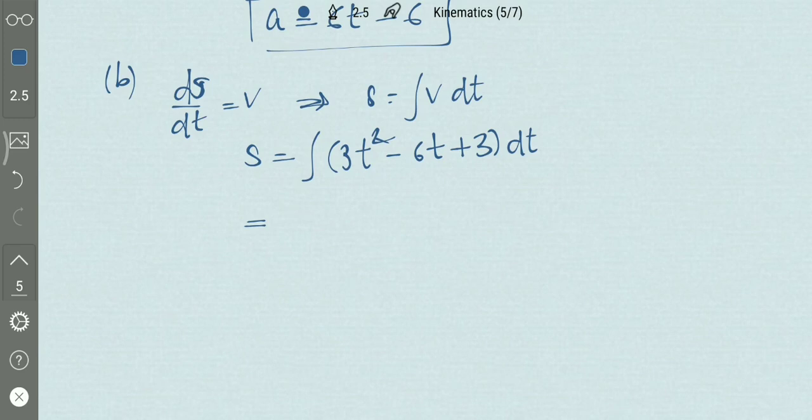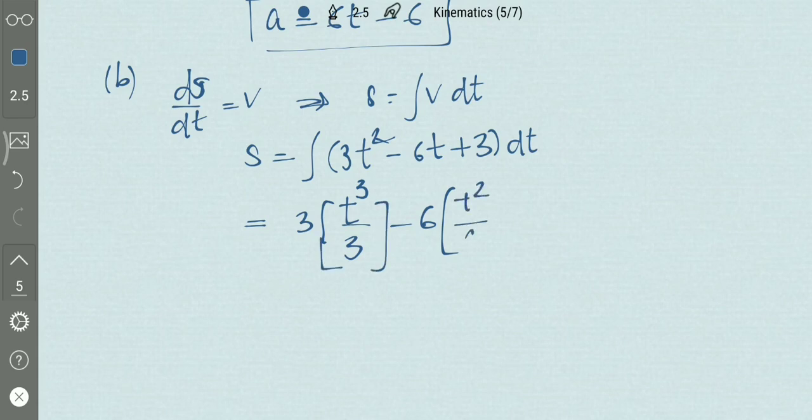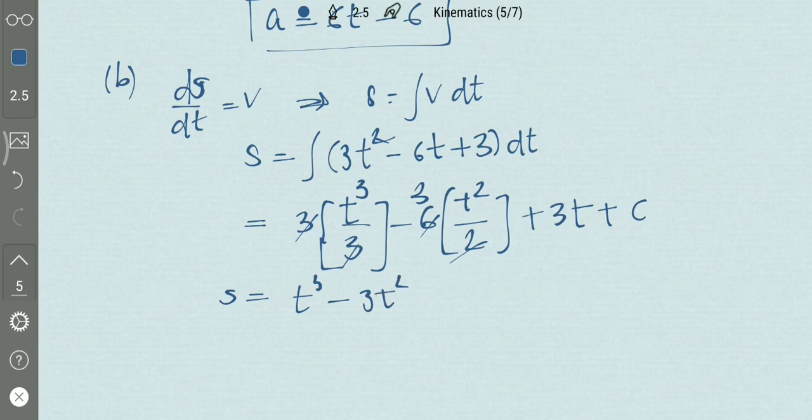Integrating this: 3 into t³/3, minus 6 into t²/2, plus 3t plus an arbitrary constant c. The 3 gets cancelled, and 2 threes get cancelled. So displacement s = t³ − 3t² + 3t + c. This is the displacement.